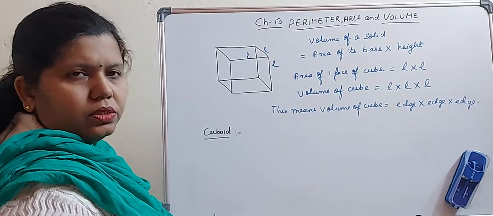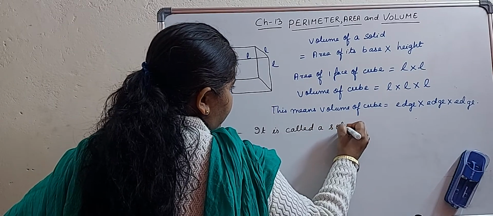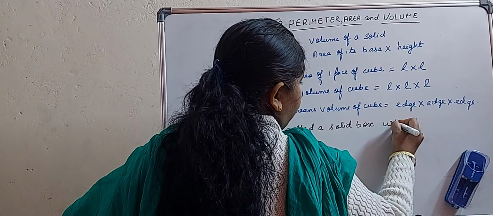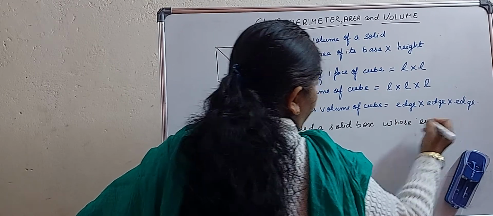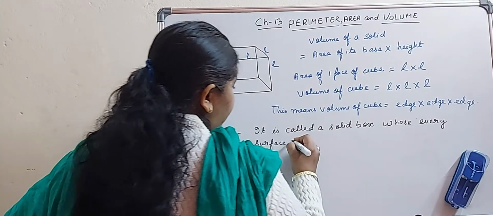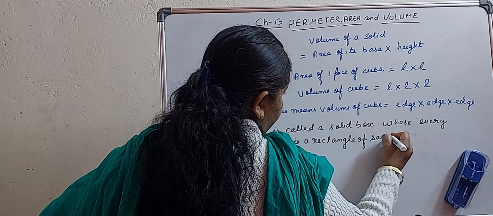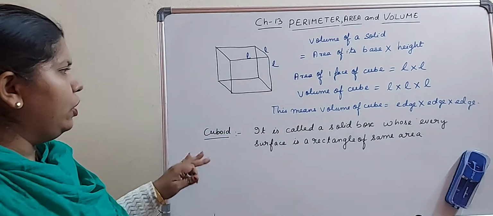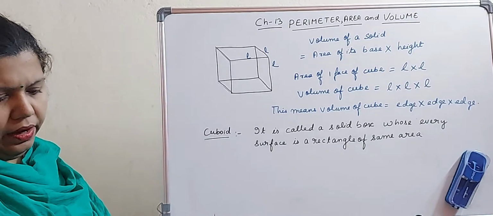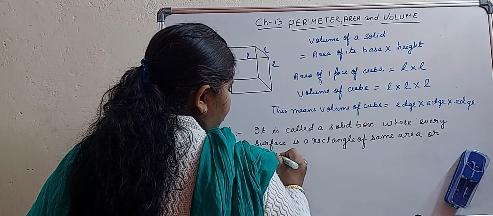A cuboid is called a solid box whose every surface is a rectangle of the same area, or it can also be of different areas, children. How it is possible, I will show you through a diagram.